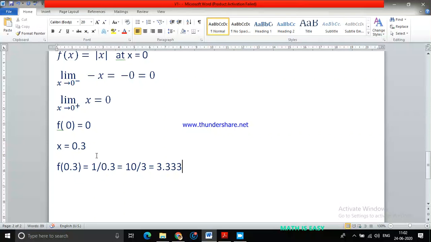So if x is 0.3, then f of x will be 3.333.